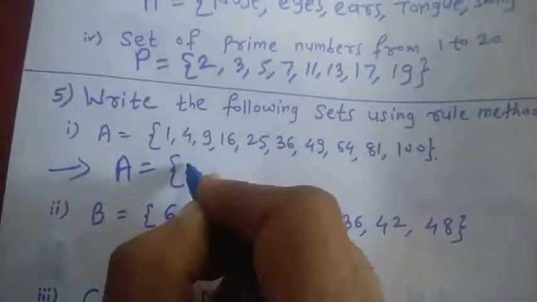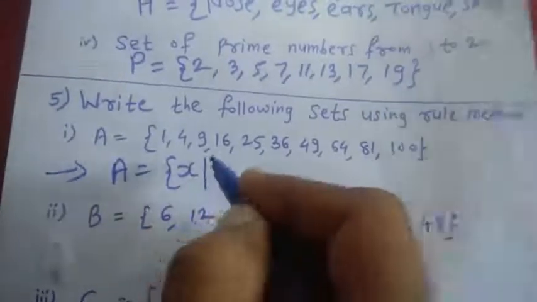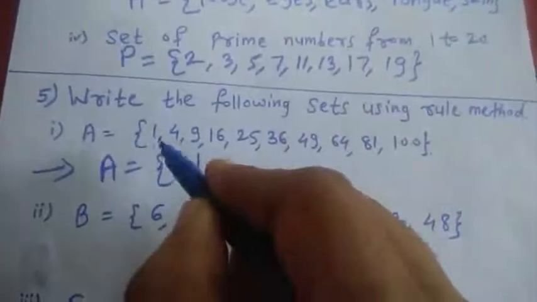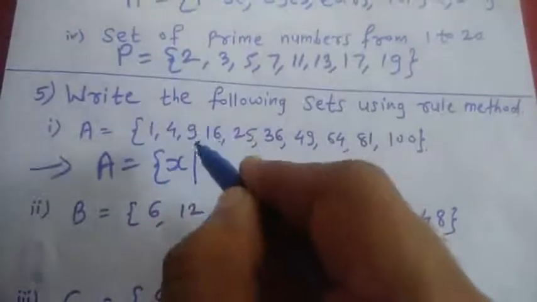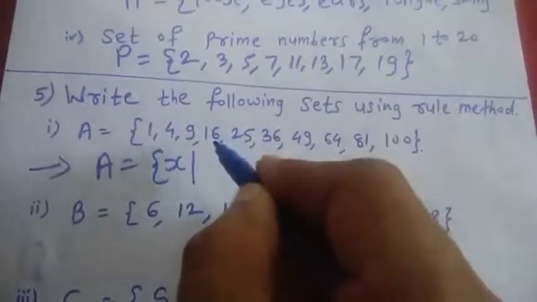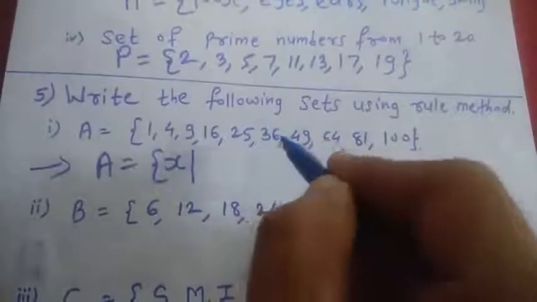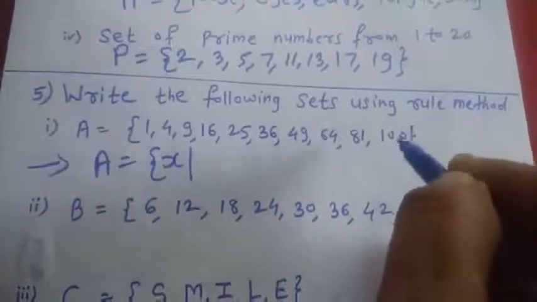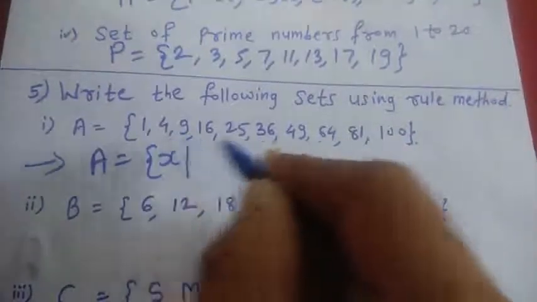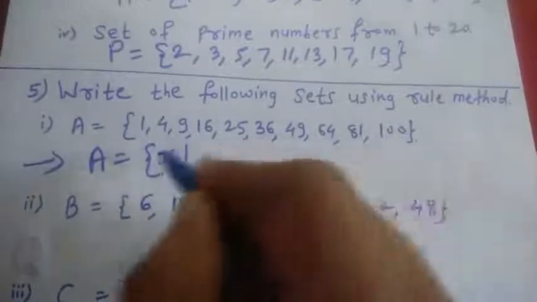Assign variable x such that, now if we observe, the square of 1 is 1, 2 square 4, 3 square 9, 4 square 16, 5 square 25, 6 square 36, likewise 10 square 100. So they are the squares of the first 10 natural numbers.